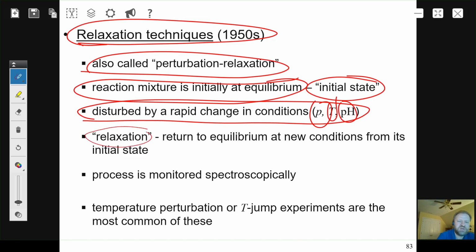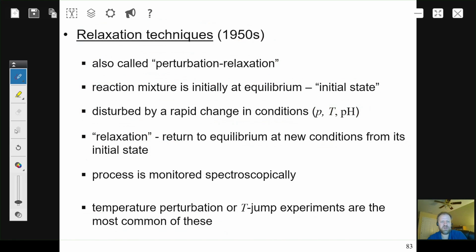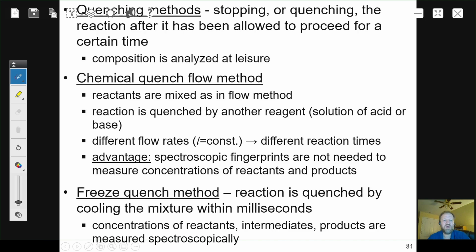And then relaxation is monitored, where relaxation is defined as the return to equilibrium at the new conditions from the initial state. Again, we're using spectroscopic techniques to monitor the process, and temperature perturbation or T-jump experiments are the most common of these, and we're going to talk about that in chapter 11.